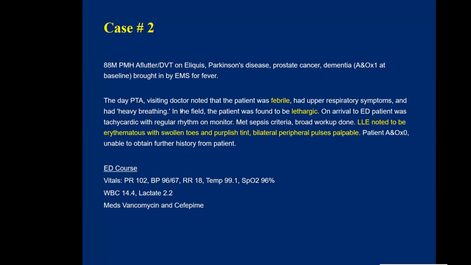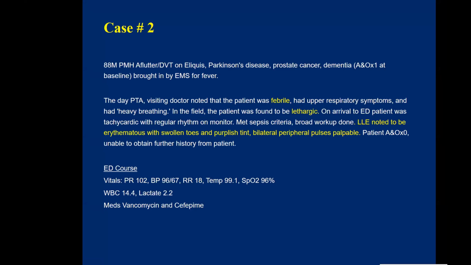The visiting doctor noted that he was febrile. He had some upper respiratory symptoms, had some heavy breathing in the field, and he was found to be lethargic, so encephalopathy.